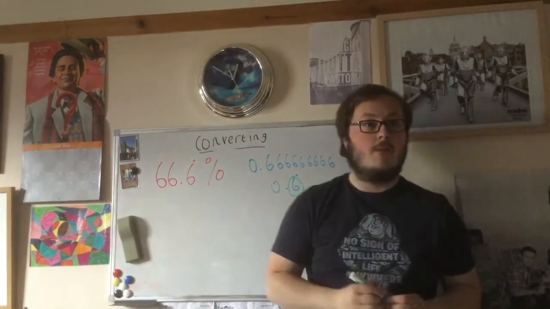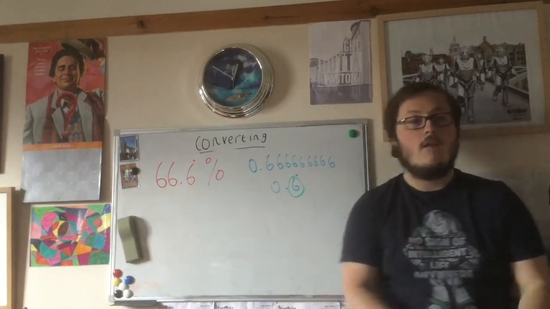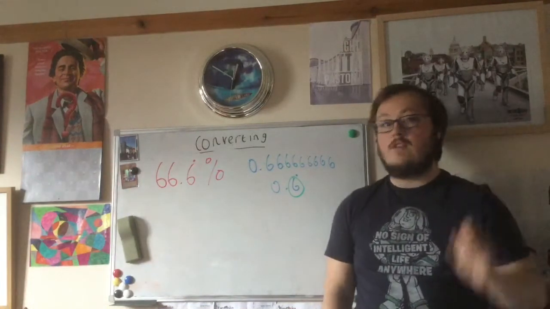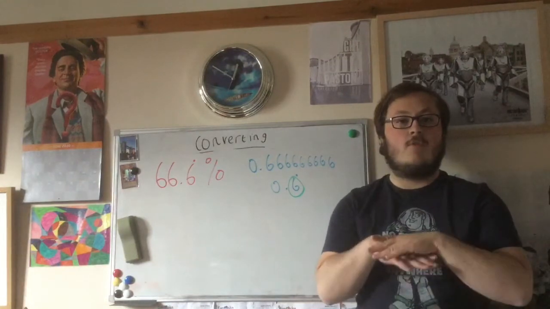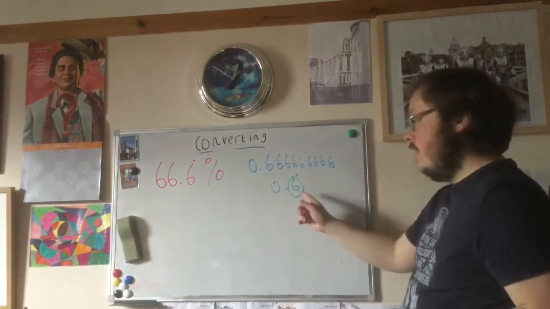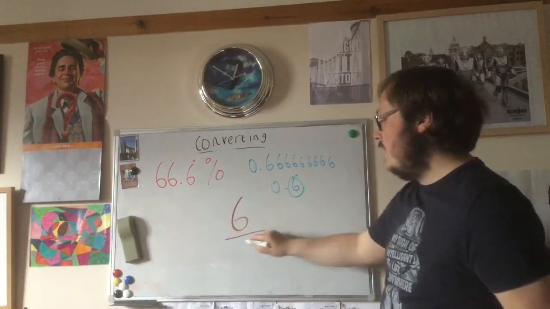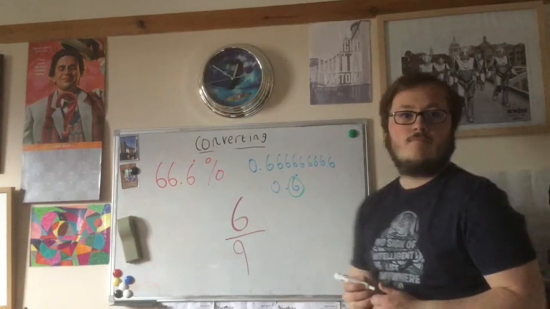That is the number that is recurring throughout this decimal. Now, unlike the previous example which I did where you put it over 100, in this one you put the number that is recurring, which is 6, over 9.